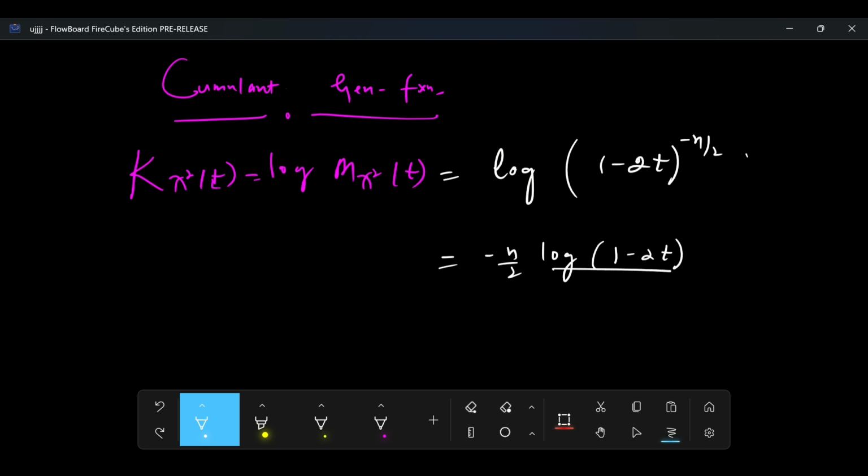Now expand this log expansion, that will be equal to minus n by 2. The log expansion: log 1 minus x is minus of x plus x square upon 2 plus x cube upon 3 plus x 4 upon 4 and so on.